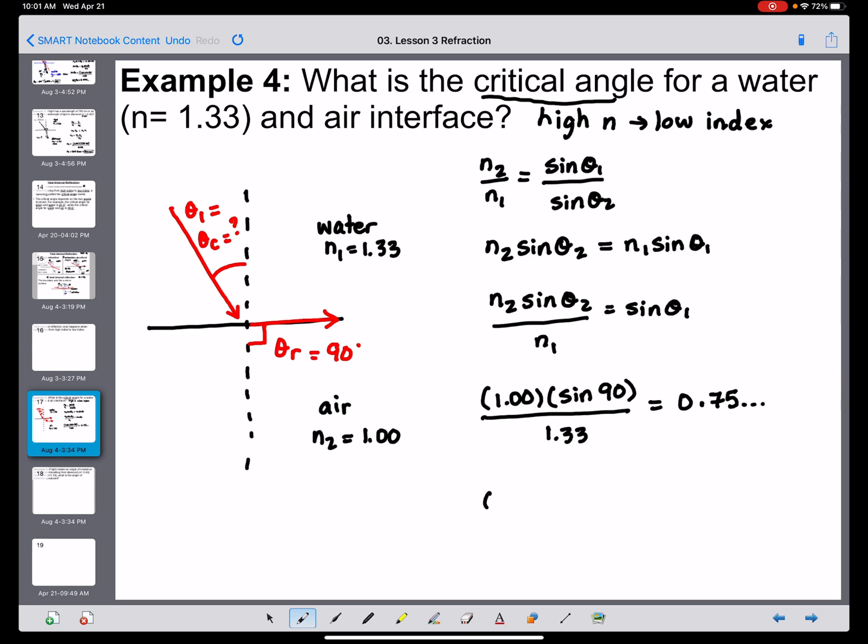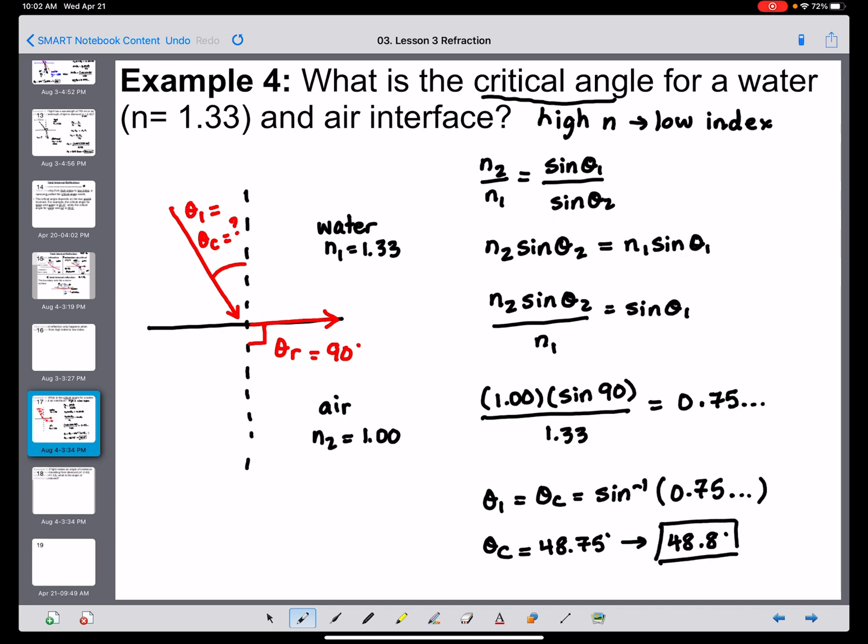Okay, and so to find theta 1, which is really the critical angle, we're going to do sine inverse of 0.75. And so we get 48.75 degrees, which if we round that to 3 significant digits, we get 48.8 degrees. There we go.